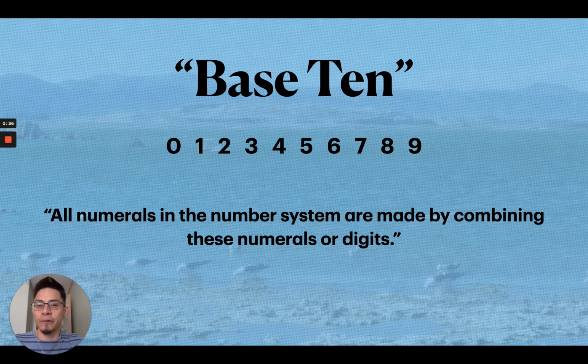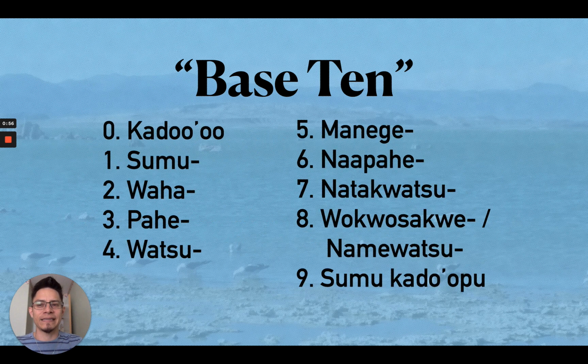That's also what we do in English. If you want to form the number 15, you combine 1 and 5. If you want to say 38, you combine the numbers 3 and 8. And that's what you do in Paiute as well. But there are some additional elements to add to it, and I will explain that in this lesson.